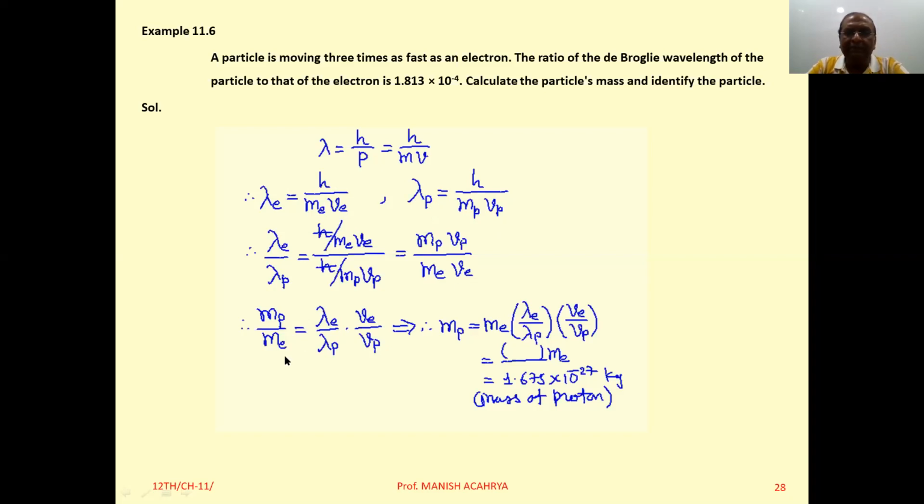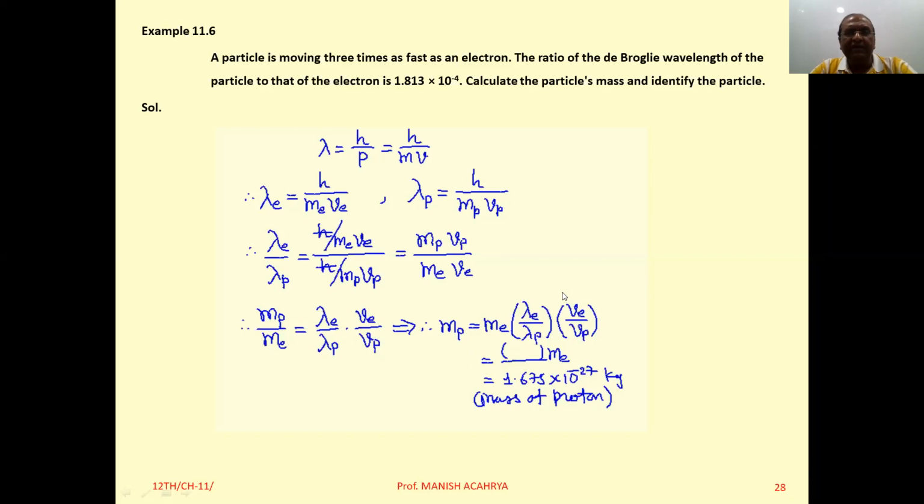So mp upon me is equal to λe by λp into ve upon vp. Make mass of particle mp the subject. So mp is equal to me into λe by λp into ve by vp.